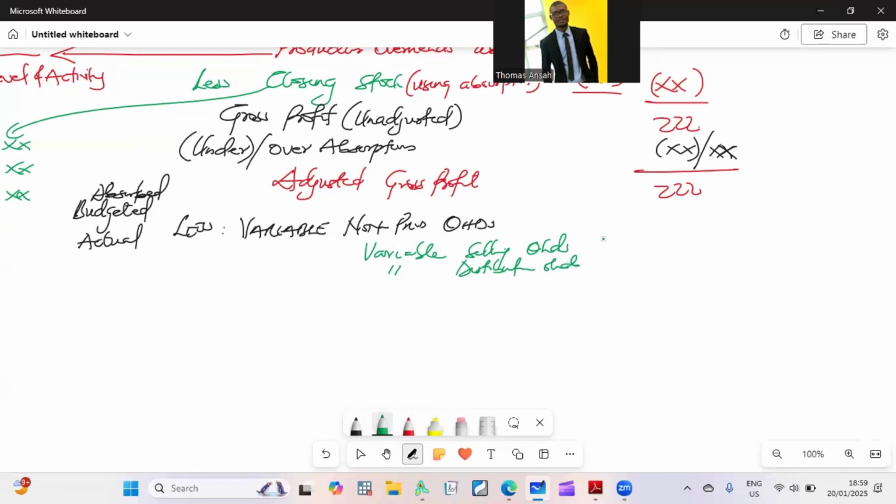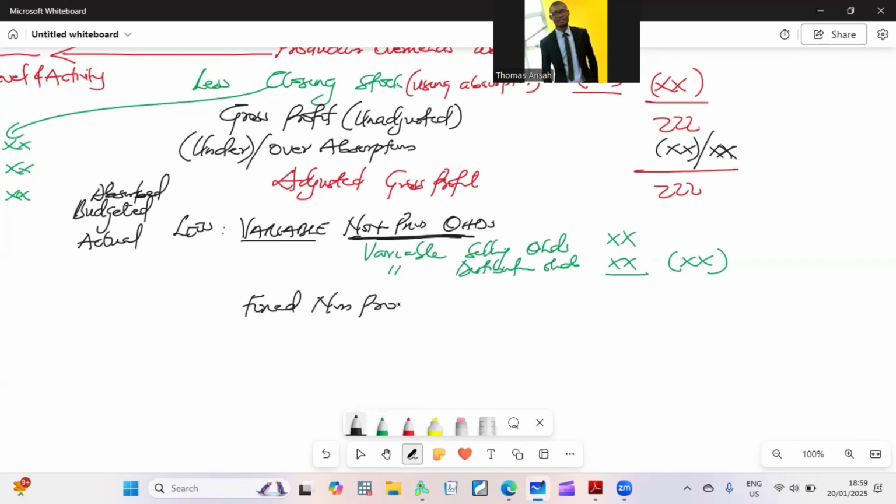These things, you put them together. So you take them out. You also less fixed non-production overhead. At the end of the day, the main focus will be the fact that they are non-production, fixed non-production overhead.